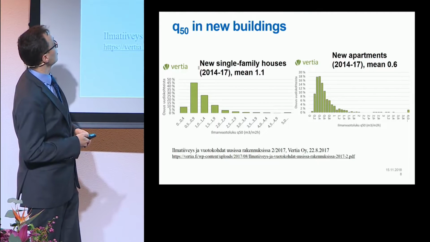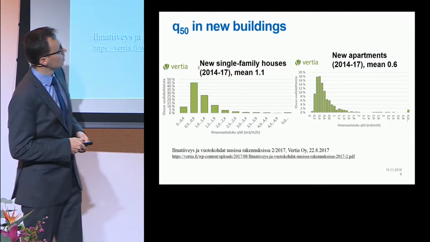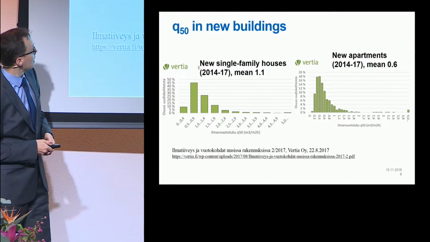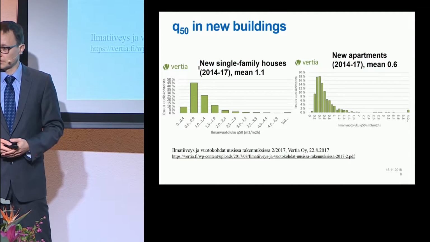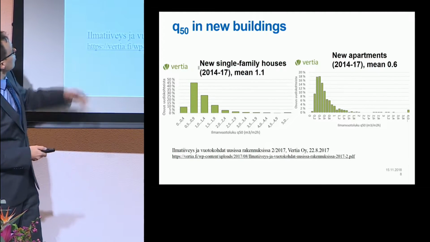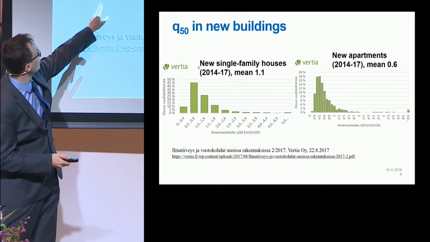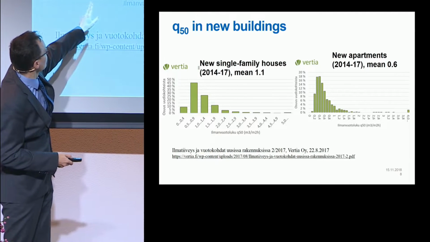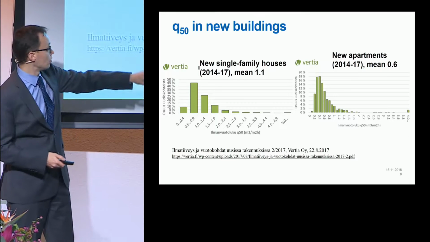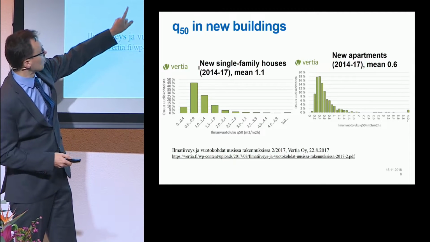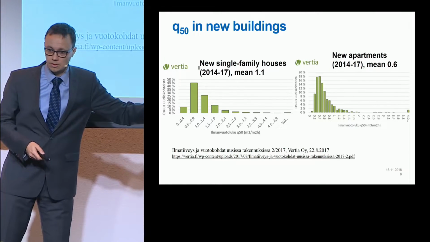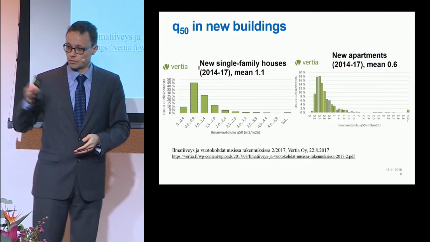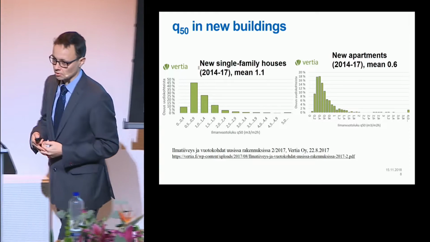And in Finland, for instance, I have been collaborating with a company whose name is Vertia, and they publish their own statistics of buildings for new single-family houses built during the last 3 or 4 years. The mean value of Q50 is 1.1. It sounds pretty good, but it's clearly above the recommendation level of nearly zero energy.